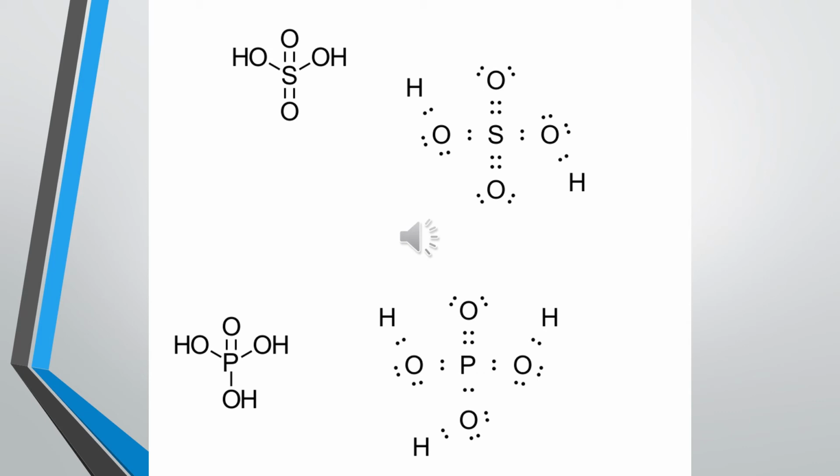Now, how is this possible? And doesn't this violate the octet rule? Well, you need to appreciate that once you hit the third row of the periodic table, and sulfur and phosphorus are third row elements, if you remember your quantum numbers and your selection rules and what's allowed and disallowed by the Schrodinger equation, once you hit n equals 3, you have the possibility of d orbitals, where L is equal to 2.